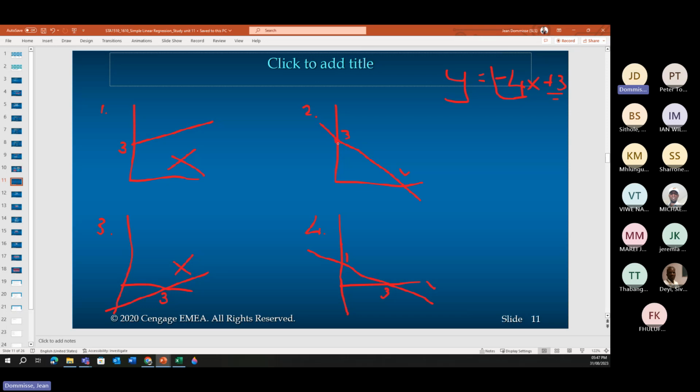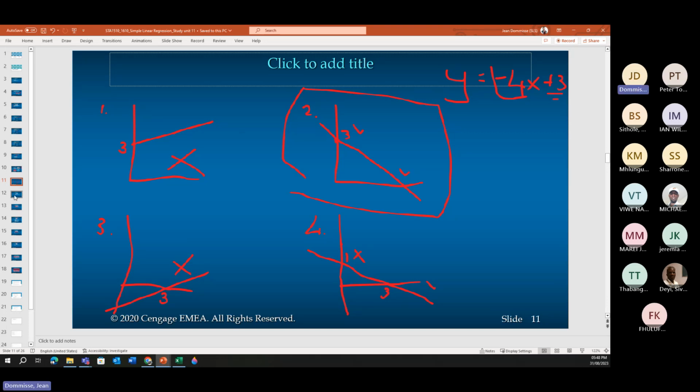So here it goes through y-intercept of 3. Here it goes through 1, so that's wrong. So I would have said, okay, the one that looks most likely to be the line is option 2. So that can be a question that they ask, but I will write up something nicer for you guys for later on.